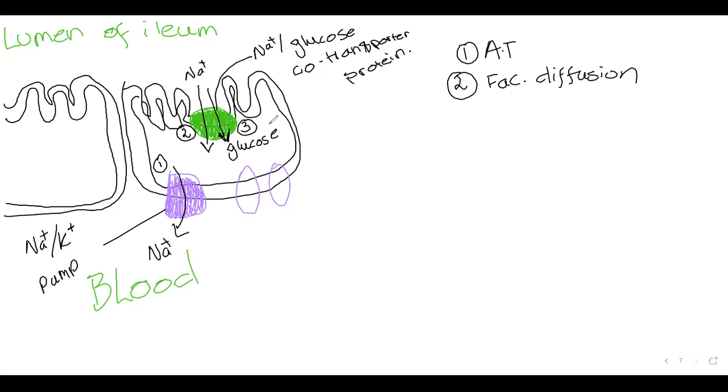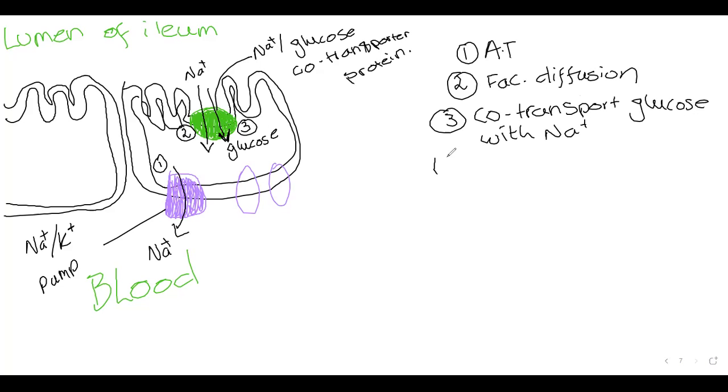As a result, the concentration of glucose inside the cell increases. So 3, co-transported glucose with sodium. Therefore, glucose will then diffuse out of the cell into the blood, down its concentration gradient, through a protein channel by facilitated diffusion.